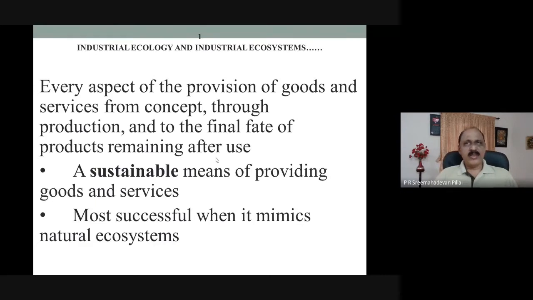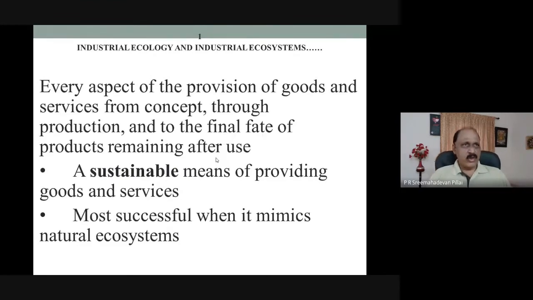What will happen to the final product? So all these things are of concern to the industry, and there has to be a sustainable means of providing goods and services. And it will be most successful when it is mimicking the nature. Last class we have seen what is biomimicking. We have seen that when something is trying to mimic or imitate the nature, its harmful effects will be less because nature always has got a system by which the impact on the human beings is quite less.